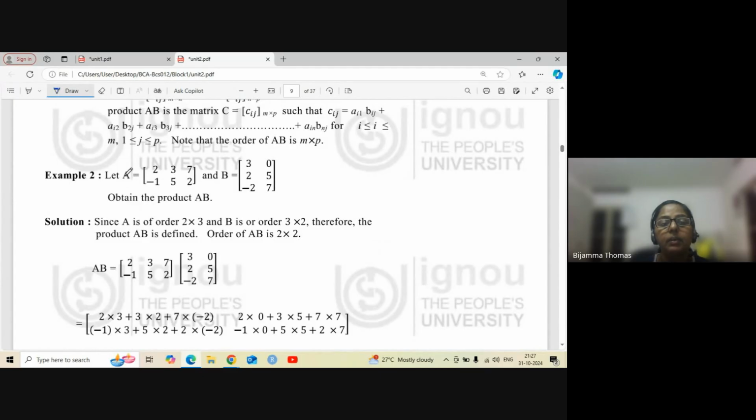Then how can we identify the product? Consider this example. Let A be a matrix with 2 rows and 3 columns, a 2 by 3 matrix. Then B is a matrix with 3 rows and 2 columns. The number of columns of the first matrix equals the number of rows of the second matrix, so we can obtain the product.